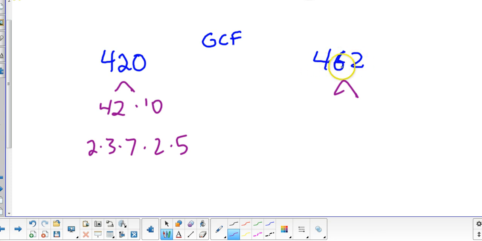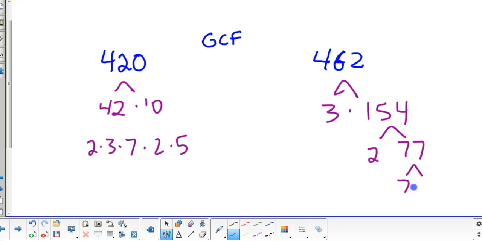These digits add up to 12, so 3 will go into here. How many times? 154. 3 goes into here, so I probably could have done, no, let's see, 3 doesn't go into this, it's 10. All right, so this is 2 times 77. 77 is 7 times 11.